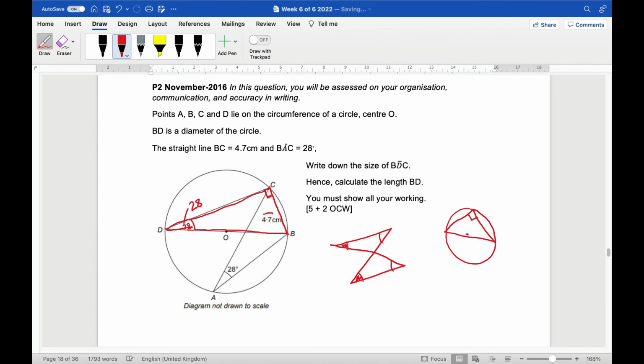You're told that this side here, C to B, is 4.7, and you're asked to work out the length BD, which is the hypotenuse of the triangle, knowing the opposite and not knowing the adjacent, and completely ignoring this as if it's not there.